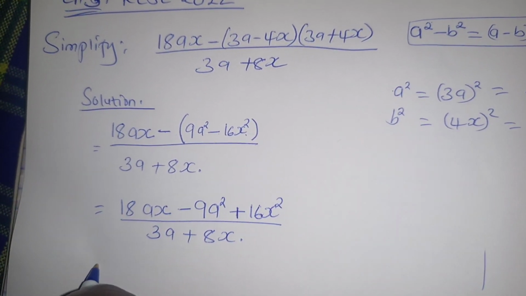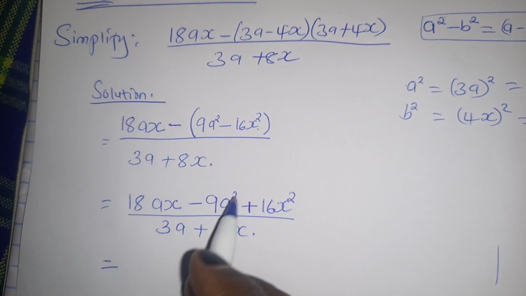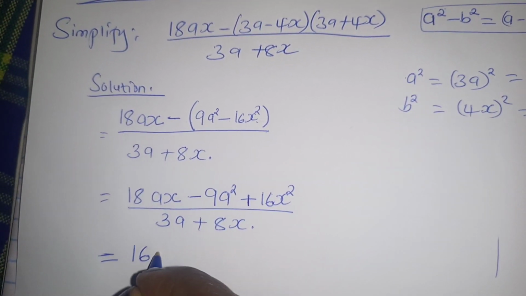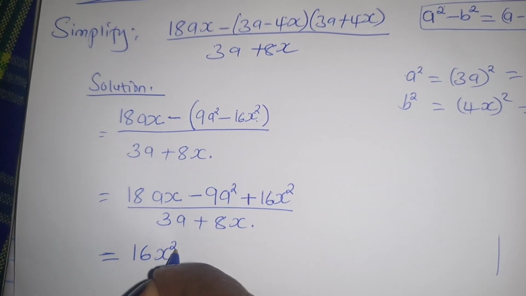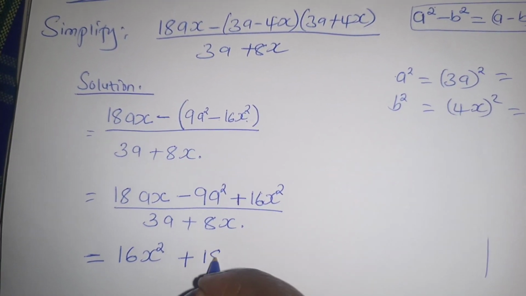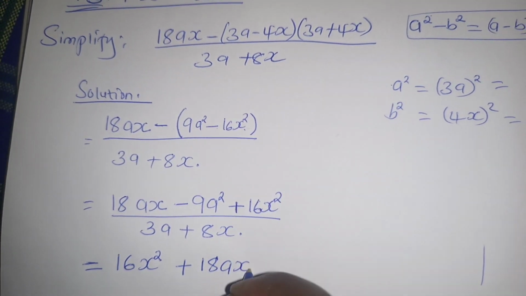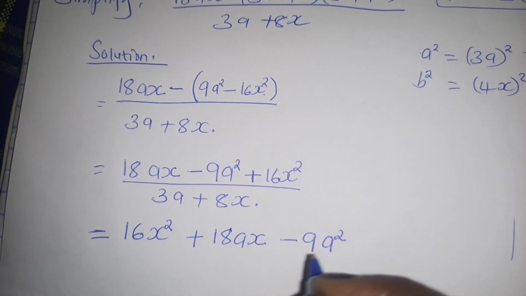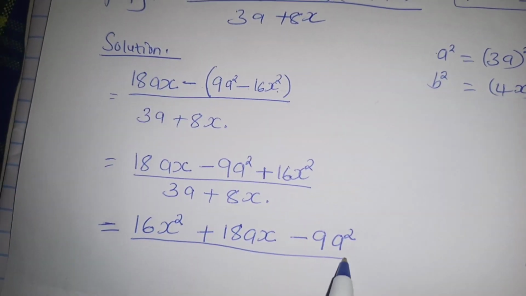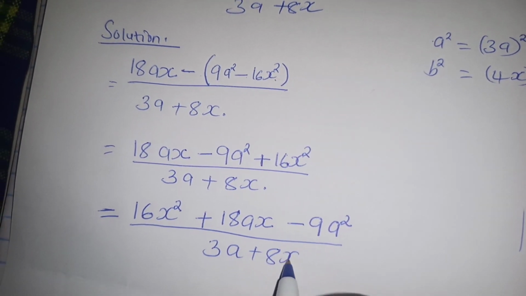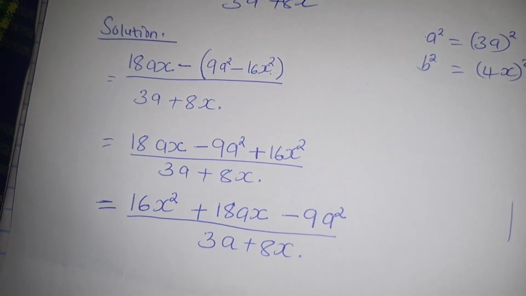So, rearranging our numerator, we have 16x squared plus 18ax minus 9a squared, divided by 3a plus 8x.